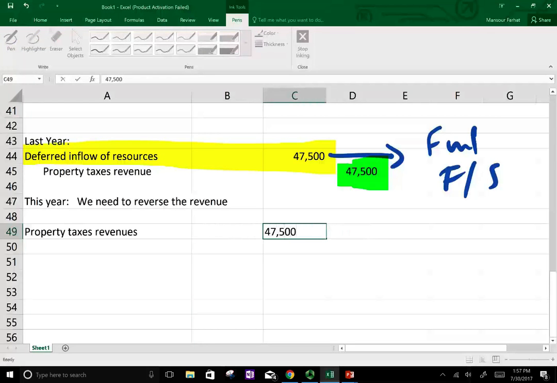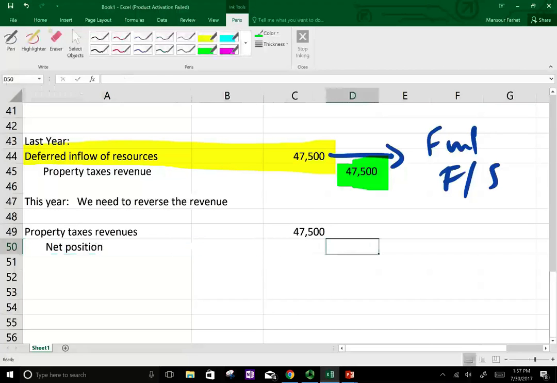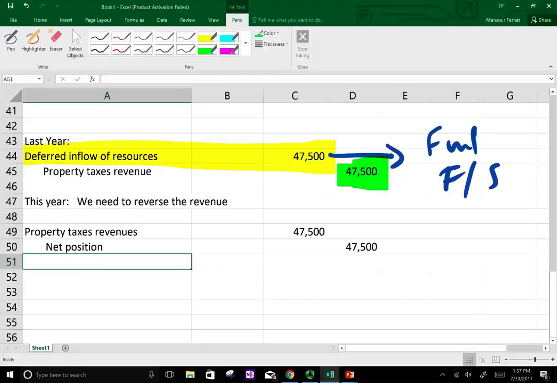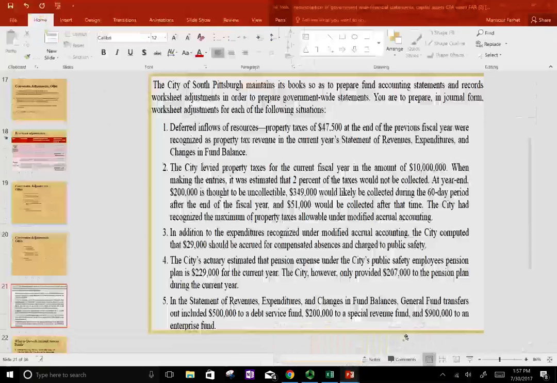And what do I credit? No, I cannot credit the inflow. I'm going to credit net position, $47,500. Okay? Now this is this year's entry. So let's go to the next entry and see it. Hopefully it will clarify and shed some light on what needs to be done.